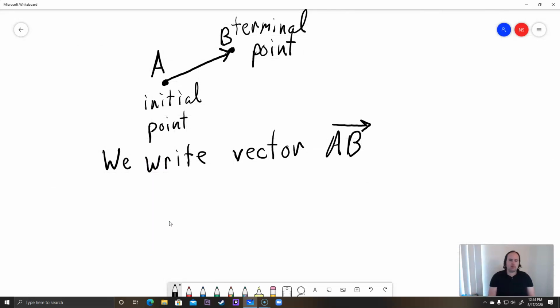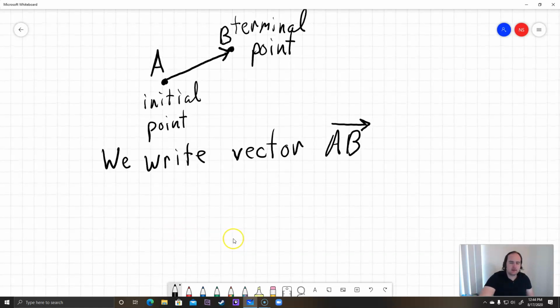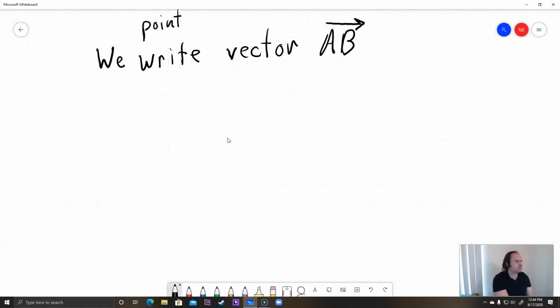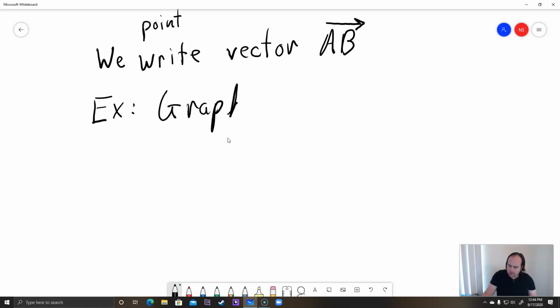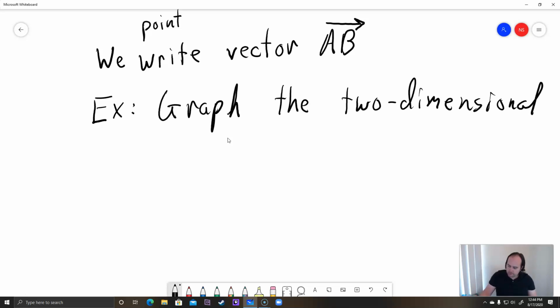All right, and when you have a vector, it's kind of nice to see an example. So let me do an actual example of a vector. For example, graph the two-dimensional vector.